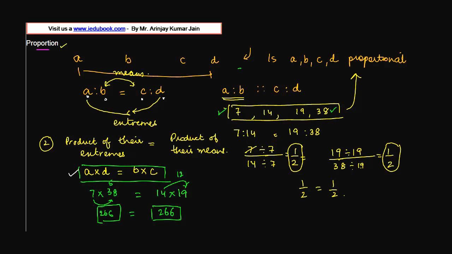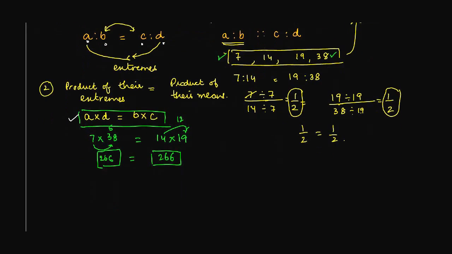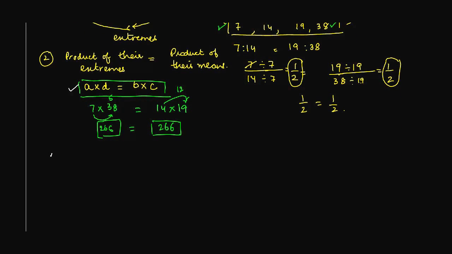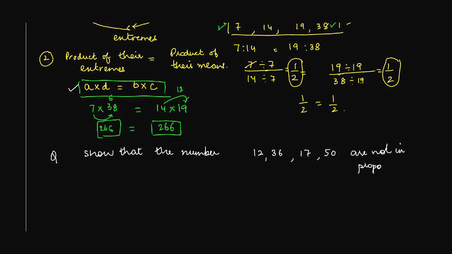Let's see one question over here. Show that the numbers 12, 36, 17, 50 are not in proportion.